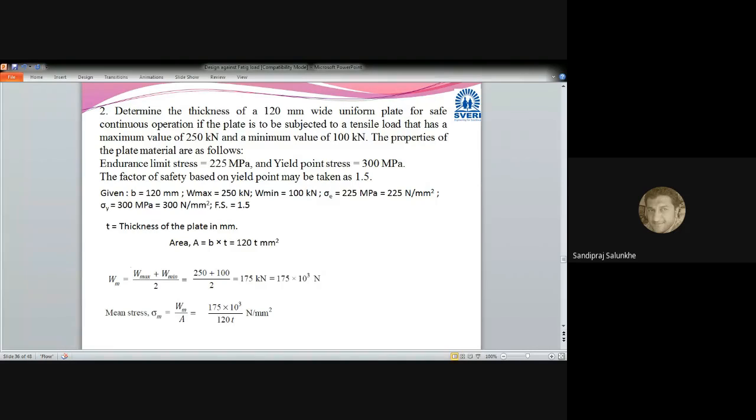Other people, have you solved this problem? Pratik Deshmukh, have you solved this problem? Yesterday's problem. Hello. Yes. Have you solved that problem? No, sir. Only ready.